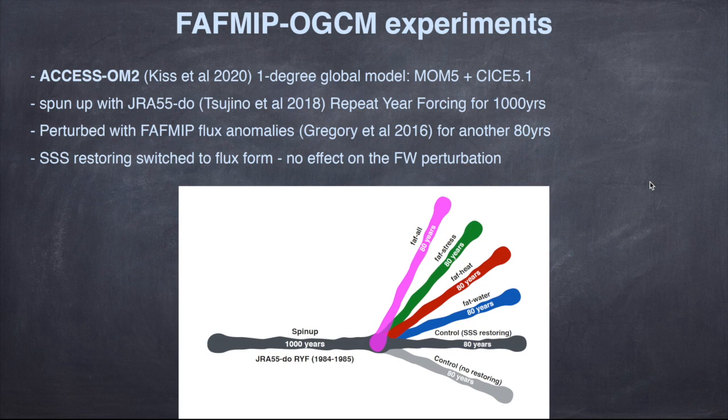And then in a new control run, we deactivated the salinity restoring, but we apply those saved salt fluxes, which allows the model to behave in a similar way, but without the restoring interfering in the freshwater surface perturbation.